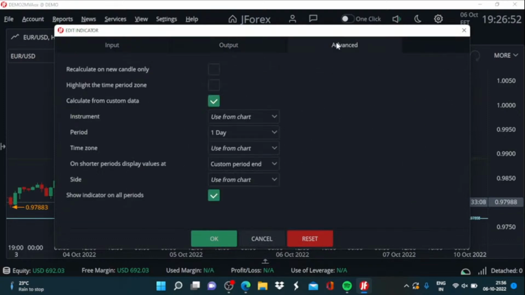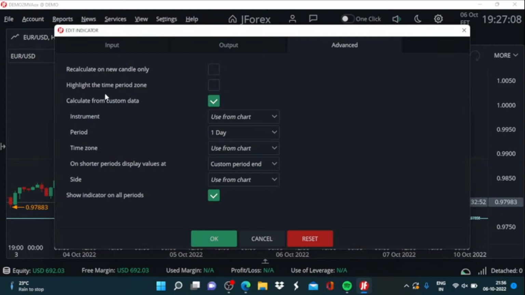Moving to the advanced editing option, recalculate on new candle only. Mostly this output is going to be drawn on the prior data only, so it is not going to make much of a difference whether you go for this option or not.